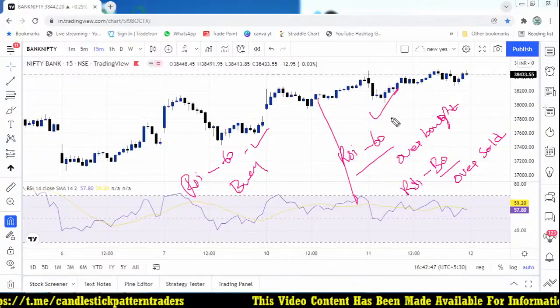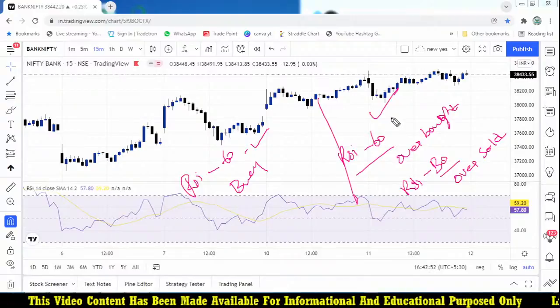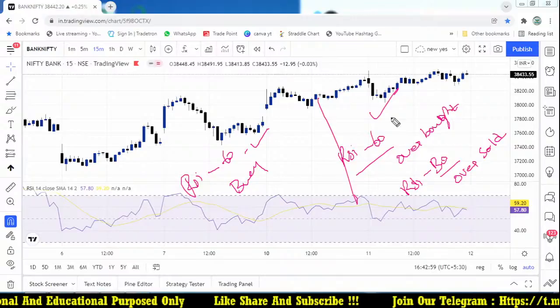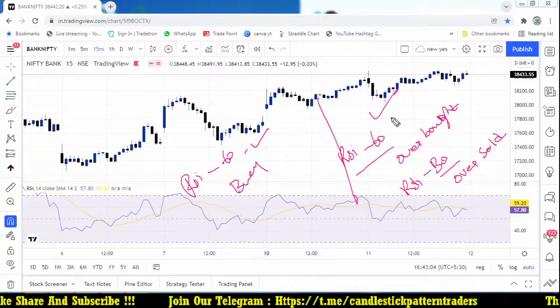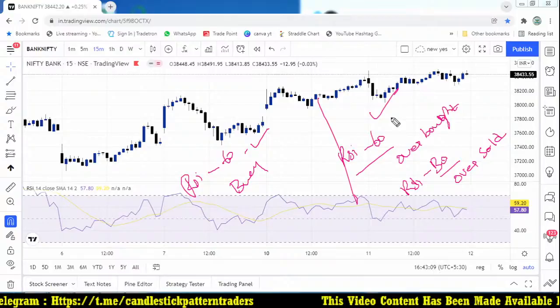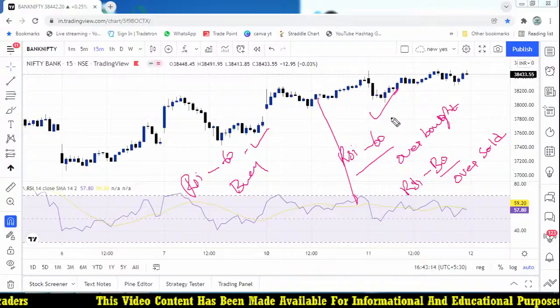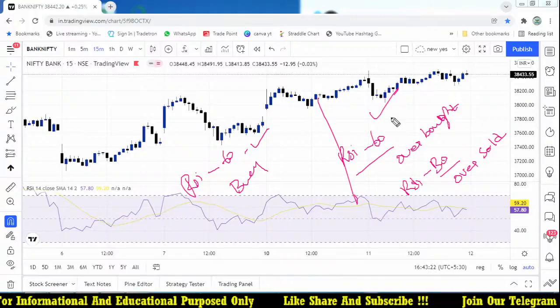So let anyone tell me: when RSI crossed above 60, how many of you say bearish? Or when RSI is crossing above 60, how many say bullish? Only one is bearish. Anyone who is bullish whenever the RSI crossed above 60?